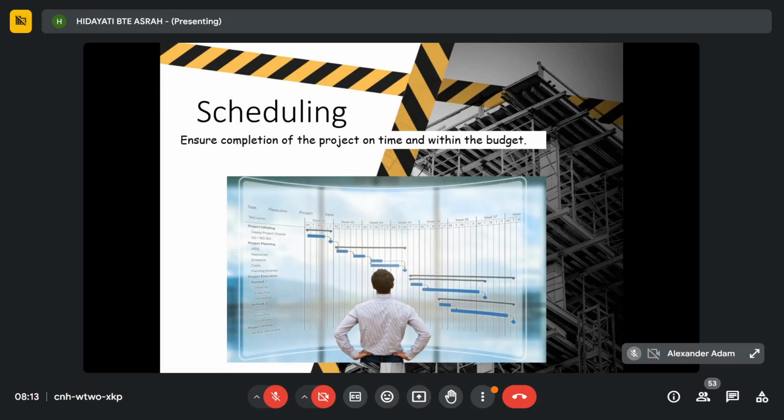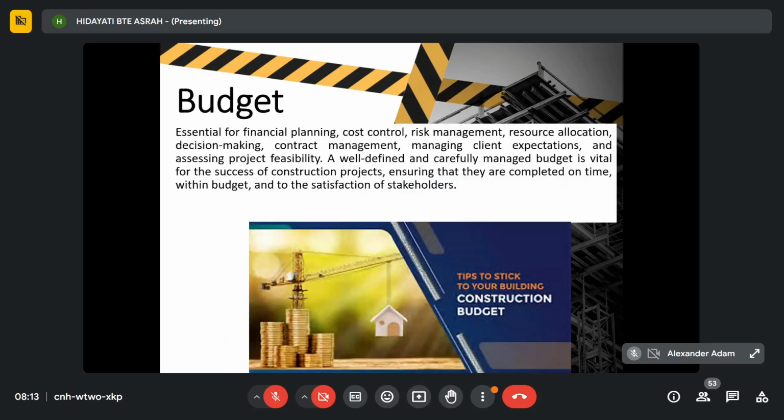And then budget. Budget also is very important. Budgeting in a project will prevent unnecessary cost. Let's say your budget for that project is 1 million. If you don't check and control your budget, the cost will increase, maybe to 2 million, for example. You also need to allocate the correct amount of budget to the construction activities.